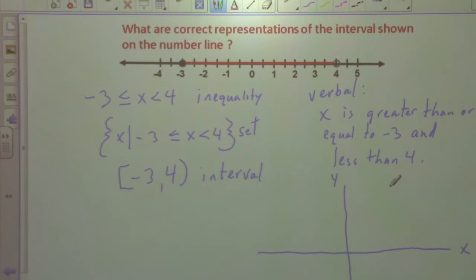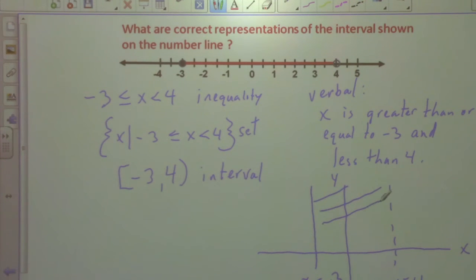So what you have is X is equal to 4, and X is equal to -3, and then what happens in between these two?